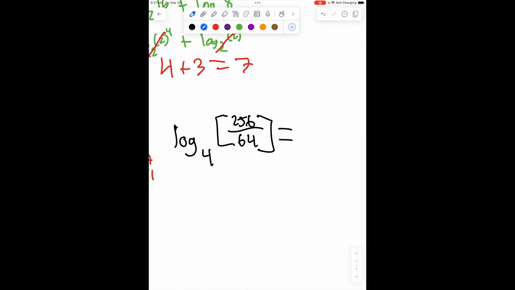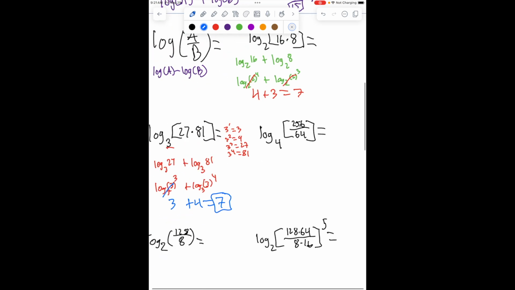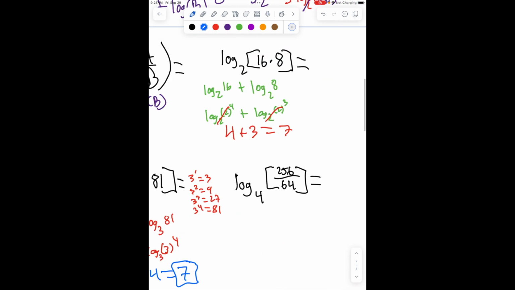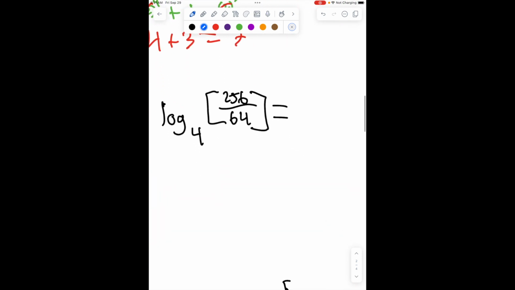All right. This one is not multiplication in the middle, it is division. So again, if I think back, all right, division, I need to split them apart and subtract. So I'm going to rewrite as log base 4 of 256 minus log base 4 of 64.